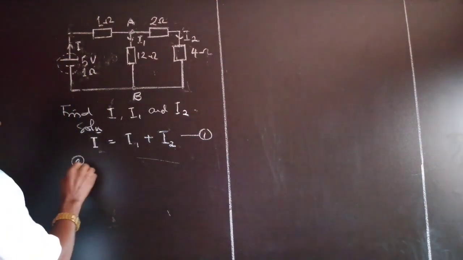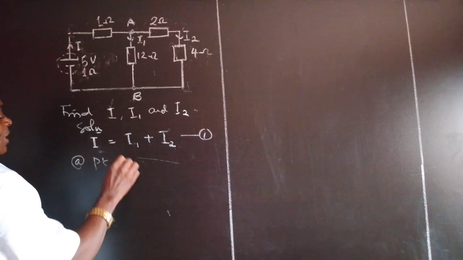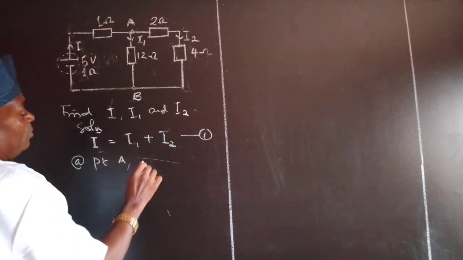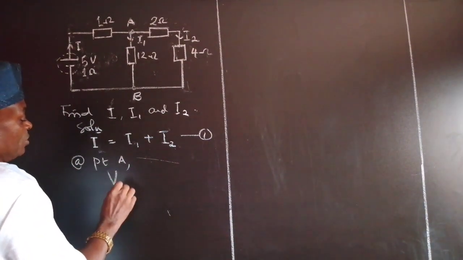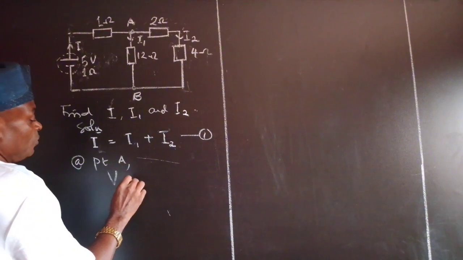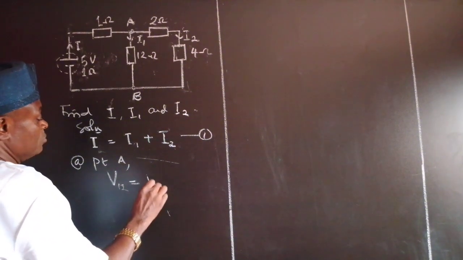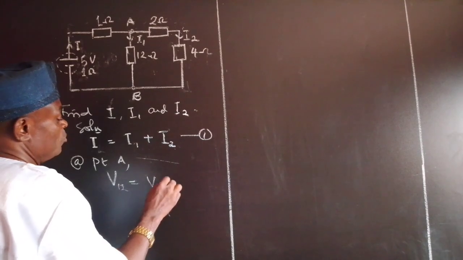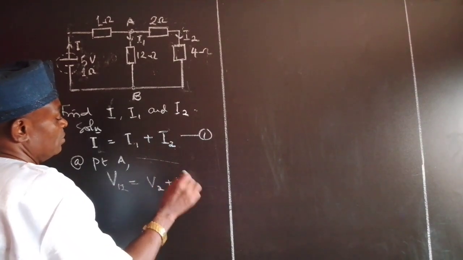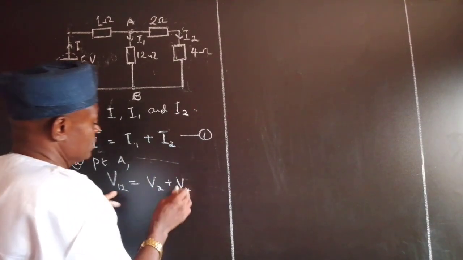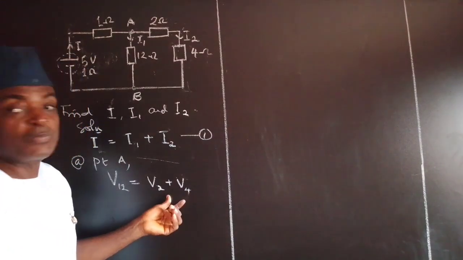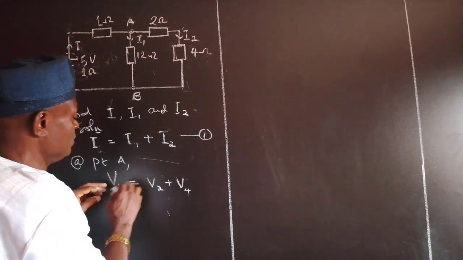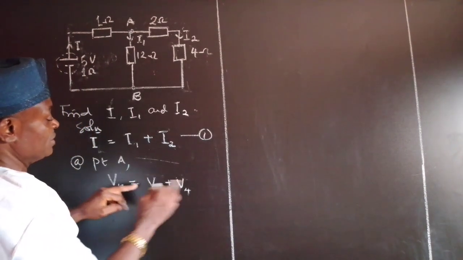Then at point A, the voltage across the 12 ohm resistor is equal to the voltage across the 2 ohm resistor plus the 4 ohm resistor respectively. So in terms of their voltages, we said this one is equal to this.